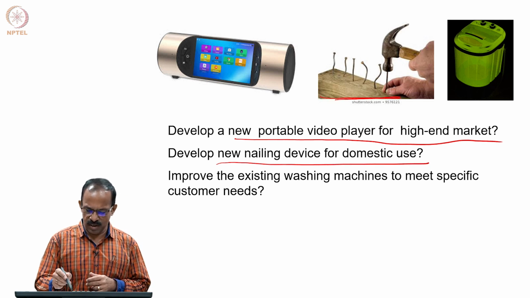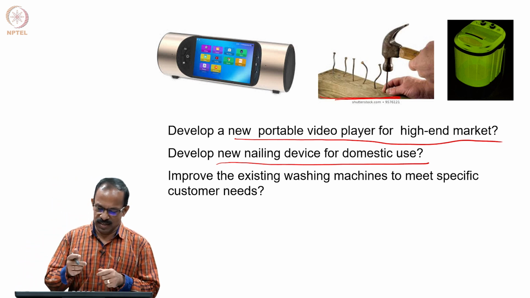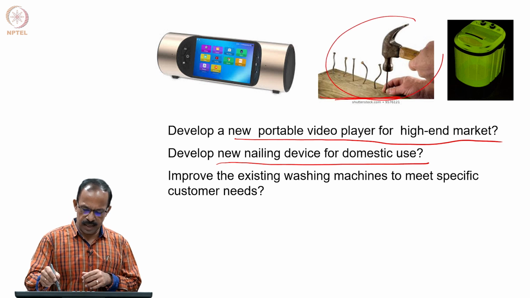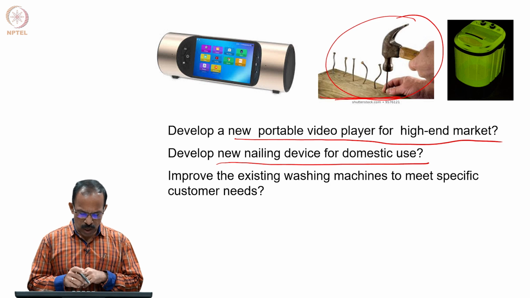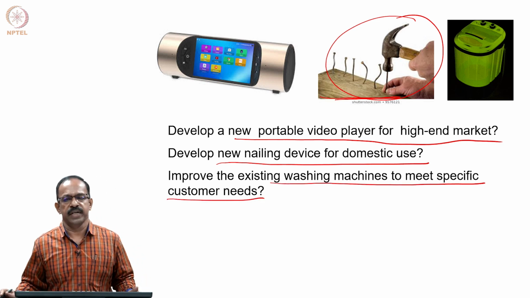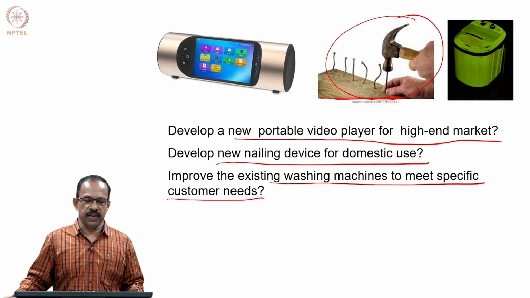So, you can see this is the normal way you do the nailing, with a hammer, and it will always create a lot of issues. Well, you want to convert this into an electrical nailing tool, or you want to improve the existing washing machines to meet specific customer needs. So, these are the starting points for a new product development.